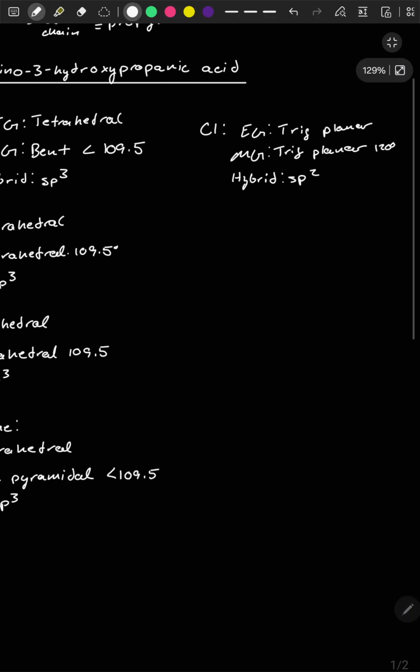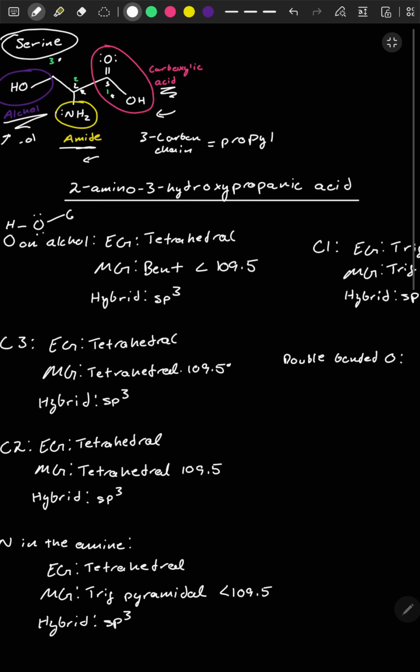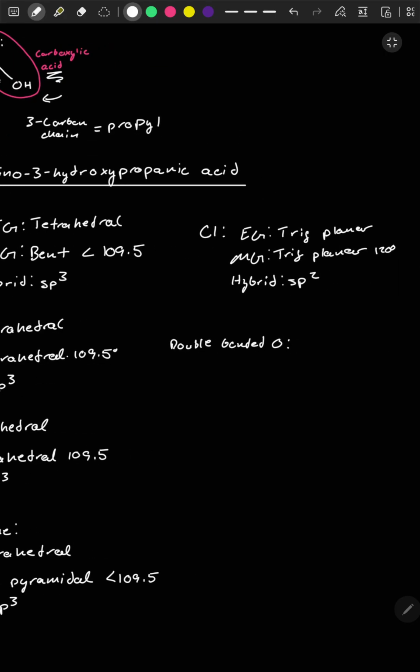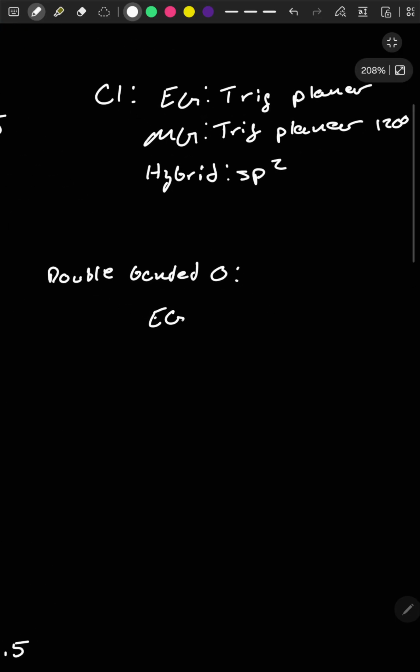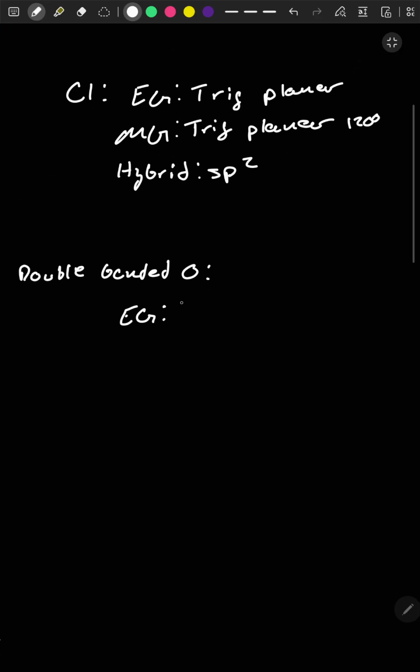So then let's go to the double bonded oxygen. So that's this one right here. And so we are going to have a trigonal planar because we have the one bond right here, one bond to another atom, and then the two lone pairs. So the electron geometry is trig planar.